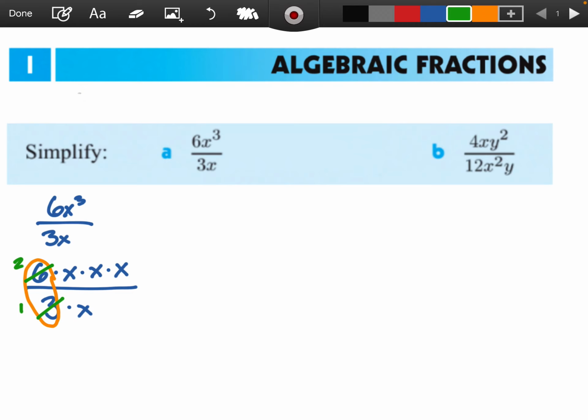Then we look at the letters. What you need to understand is that anything divided by itself is equal to 1. For example, 5 divided by 5 equals 1. 100 divided by 100 equals 1. X divided by x is equal to 1. So anytime we see an x on the top and an x on the bottom, those can cancel out because they amount to 1.